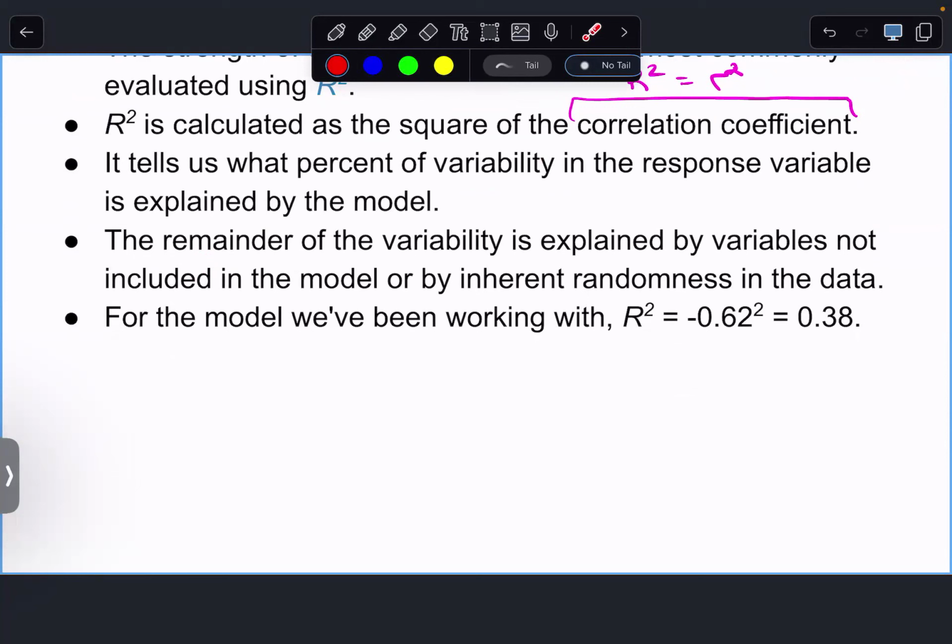And so it's essentially how much of that activity has been captured by this line or could be captured by this line. Now, there's always outside forces, so it's very hard to capture all of that variability. And so the remainder is explained by variables that are not in our model, or just randomness in the data.